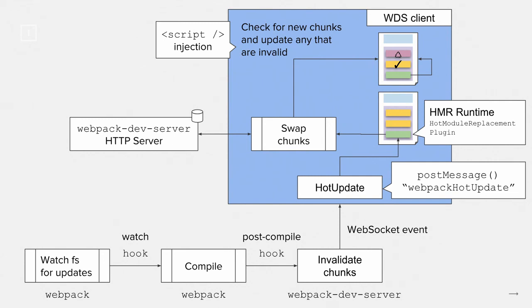So in the case of React, we need to provide another layer that listens for these chunk update events, and when we get them, we're going to actually swap out the components in the virtual DOM and trigger a new render.